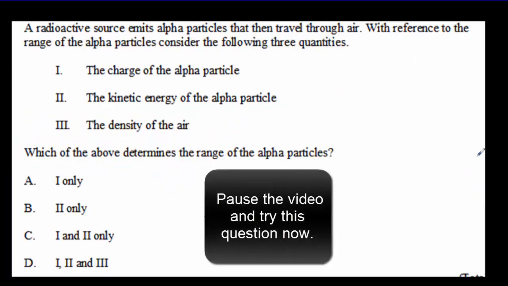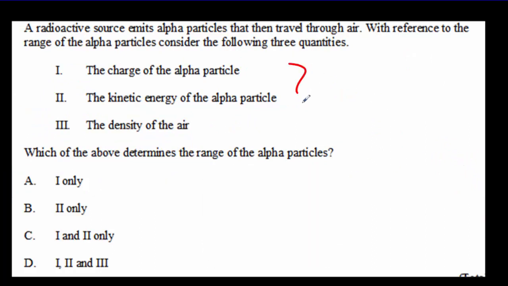Question 2. Pause the video, try the question, come back for the answer. So which of these determines the range of the alpha particles? Well, definitely the density of the air. The air molecules are blocking the passage of those alpha particles. Definitely the kinetic energy of the alpha particles. If they've got more energy, they've got more energy to lose, and they're going to penetrate farther.